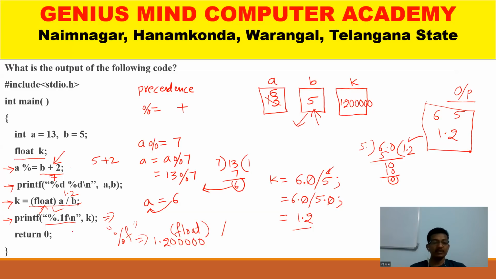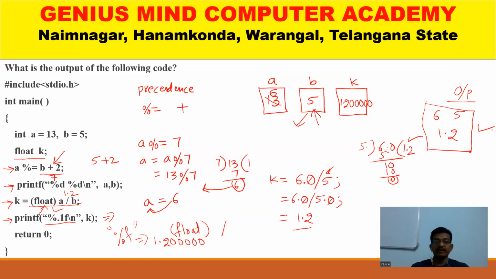But the control string mentions to print only 1 decimal place after the decimal point. So it prints only 1.2. So this is the output from this code.